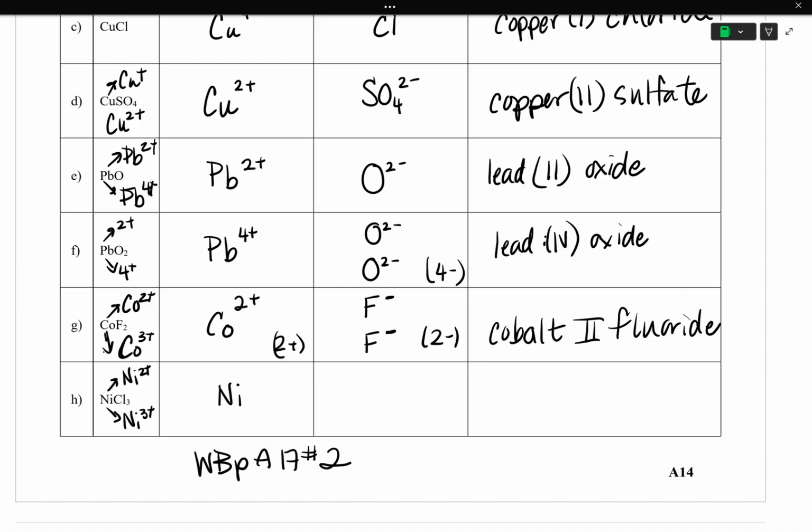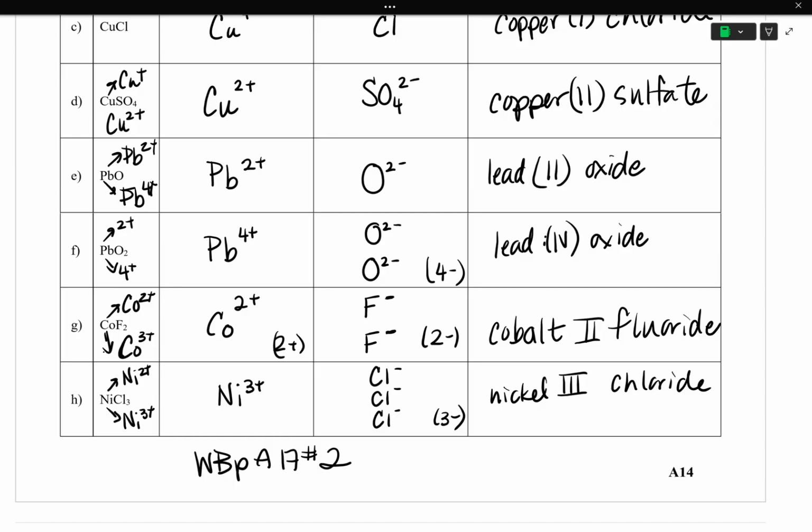I have 1 nickel. I have 3 chlorines, and they're each 1 negative charge, so that would be 3 negative. So the nickel would have to be 3 plus because I only have 1 of them. So this would be nickel 3 chloride.